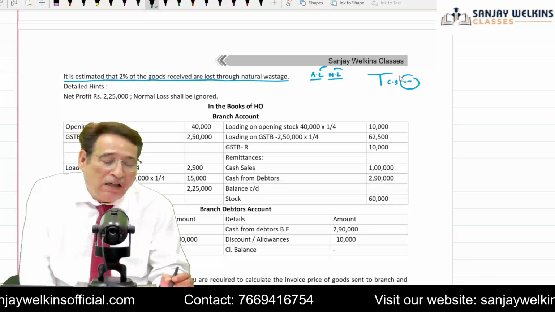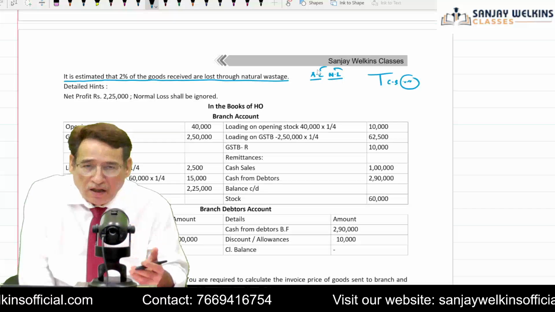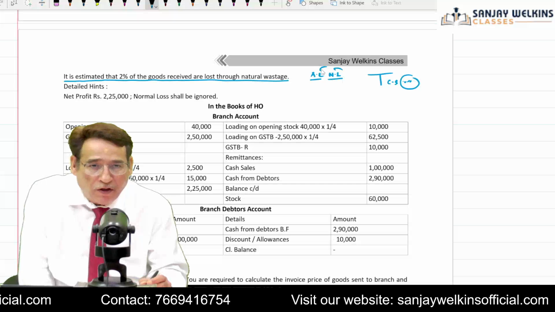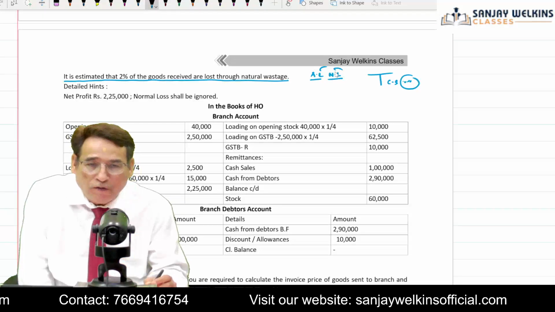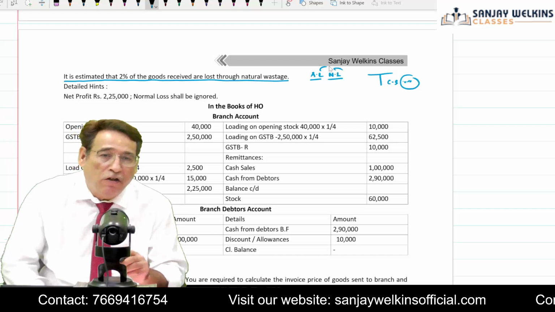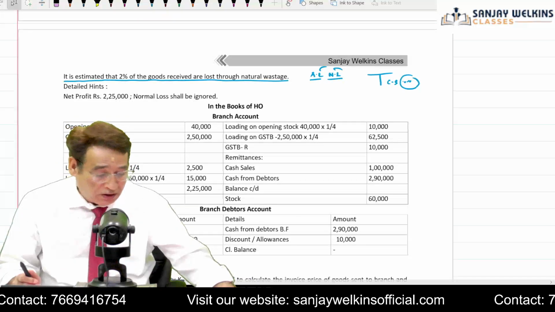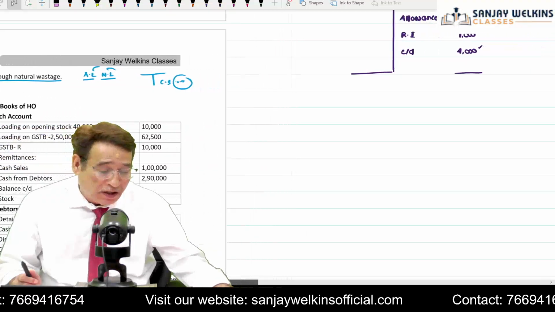So indirectly, when we write closing stock over here, that means abnormal loss and normal loss is already adjusted. That is why if in the question of debtors ever you get abnormal loss of goods or normal loss of goods, you will have to simply ignore it. Is it clear to you why we have to ignore it? Because we write closing stock on the credit side, and when we are writing closing stock on the credit side, it means it is already adjusted.